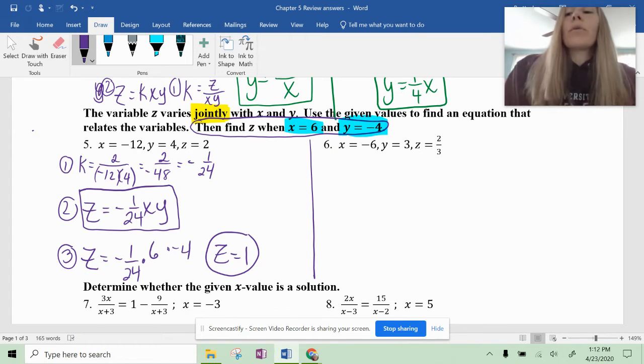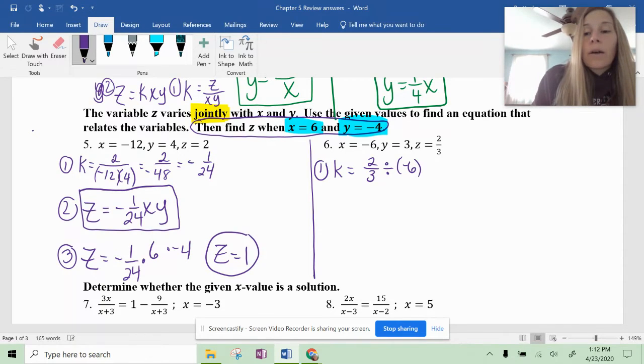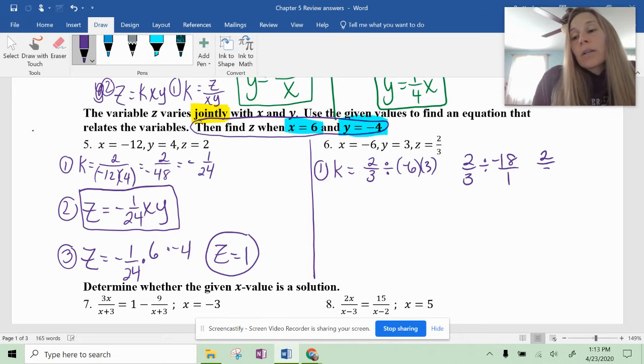So now when we go to do number 6, first thing we're going to do is find our k by taking our z value and dividing it by the product of negative 6 times 3. Now you have to make sure we multiply those first. So 2/3 divided by negative 18. Now remember, when you divide a fraction, you flip your sign to multiplication, and then you flip that second fraction.